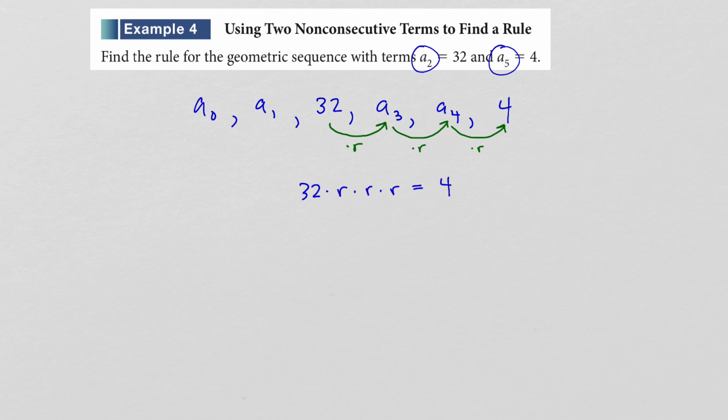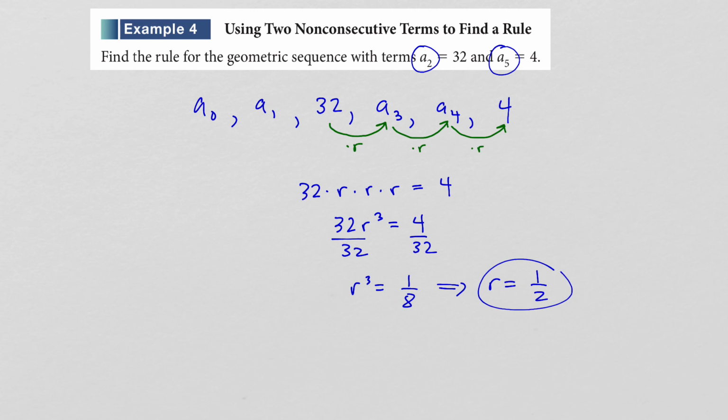That gives us 4. And notice that this is 32 R cubed is equal to 4. Then if we divide by 32, we get R cubed is equal to 1/8. And from there, we get R is equal to the cube root of 1/8, which is 1/2. So this is a little bit more of an intuitive method for solving for R.